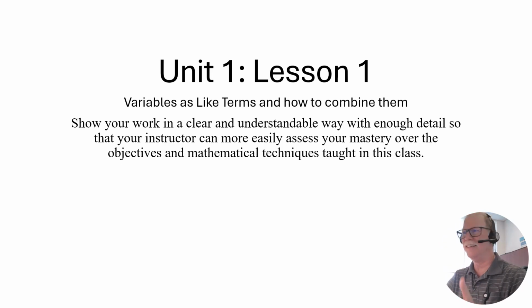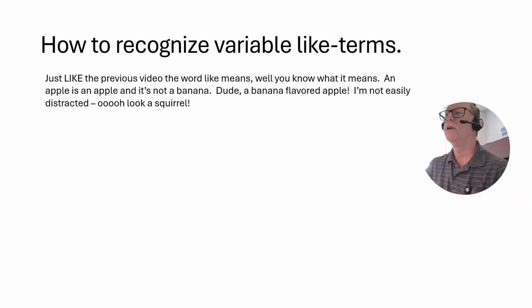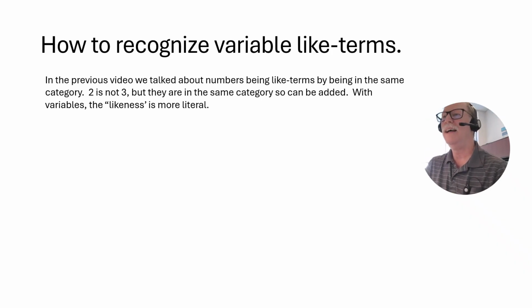Okay, awesome. Variables, otherwise known as letters, and people freak out. But there's nothing to freak out about. So how do we know when our variables are going to be like terms? Well, you know what like means. So when we're talking about the variables, it's a lot more literal.